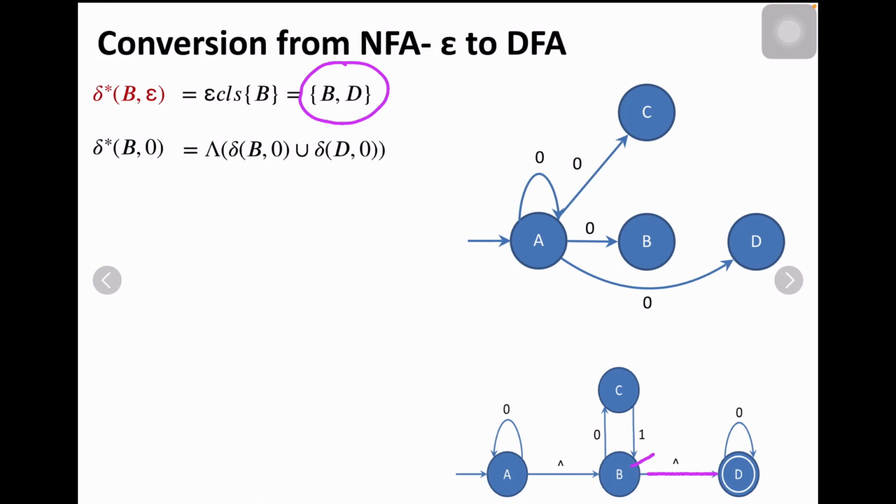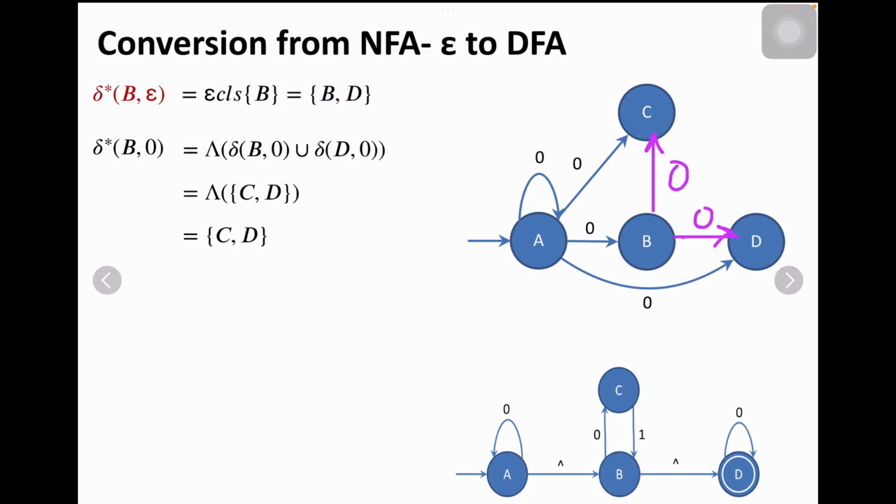B on 0 is C, and D on 0 is D. Then E-closure of C and D, C is C and D is D, so you get only CD. E-closure of CD is CD. Then in the diagram, B on 0 goes to C and also to D, and B on 1 goes to D. Understood?